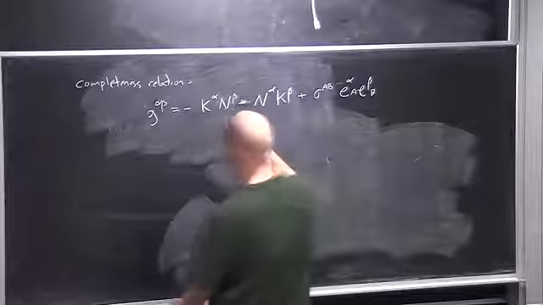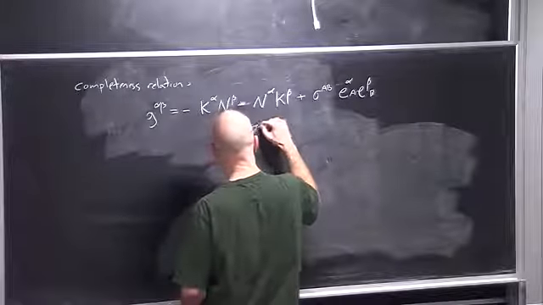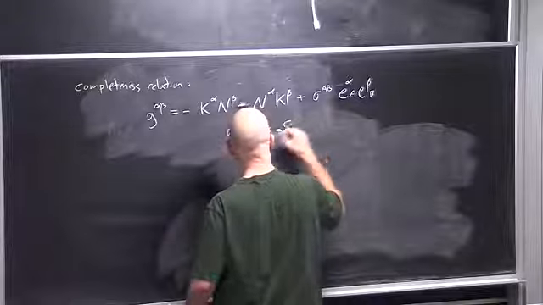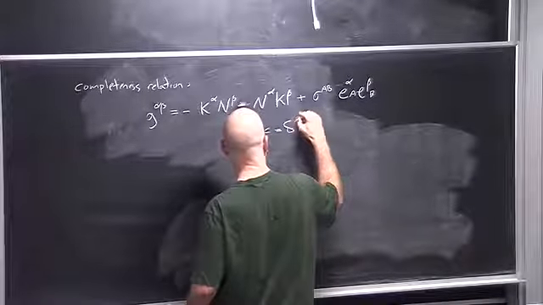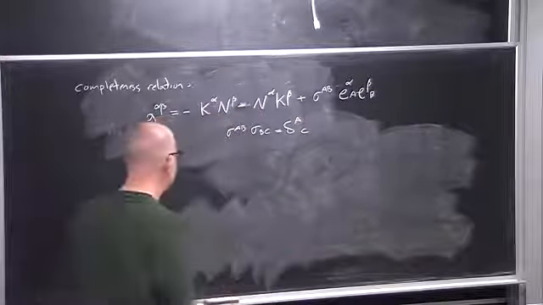So sigma AB is the inverse to sigma BC with the indices downstairs. So that's its defining property.